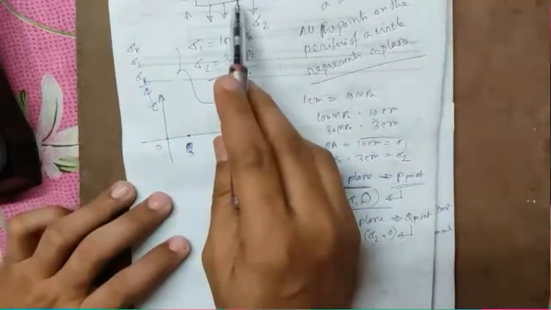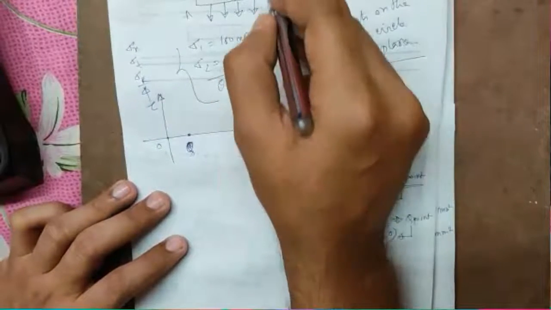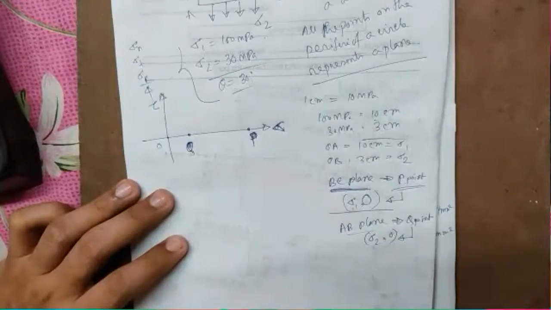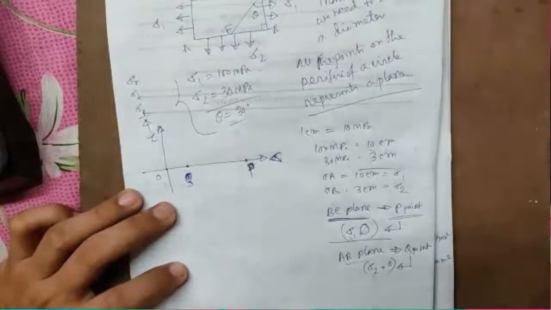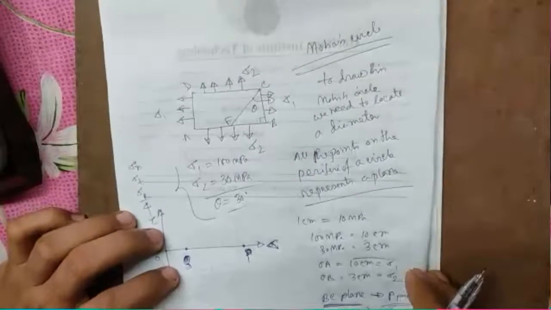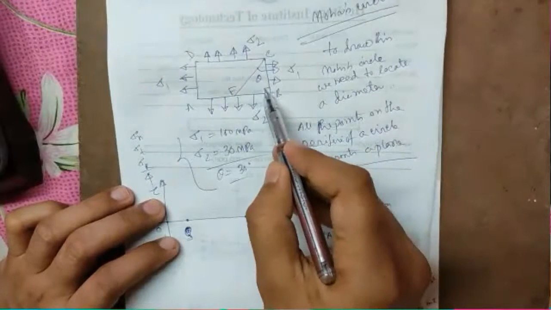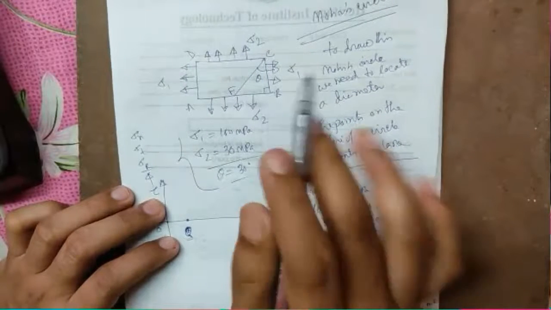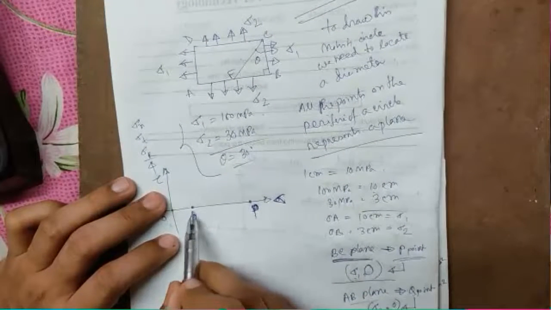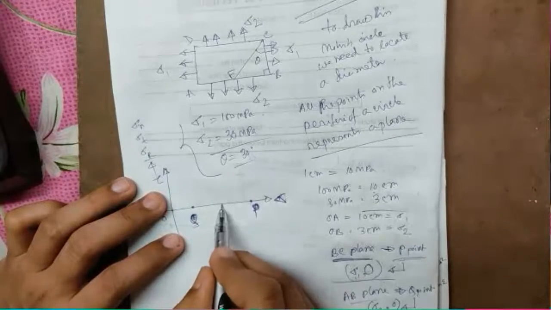Now if we look at this diagram, AB plane and BC plane make an angle of 90. So here the angle between BC and AB is 90. Now here the P and Q planes are at an angle of 180.